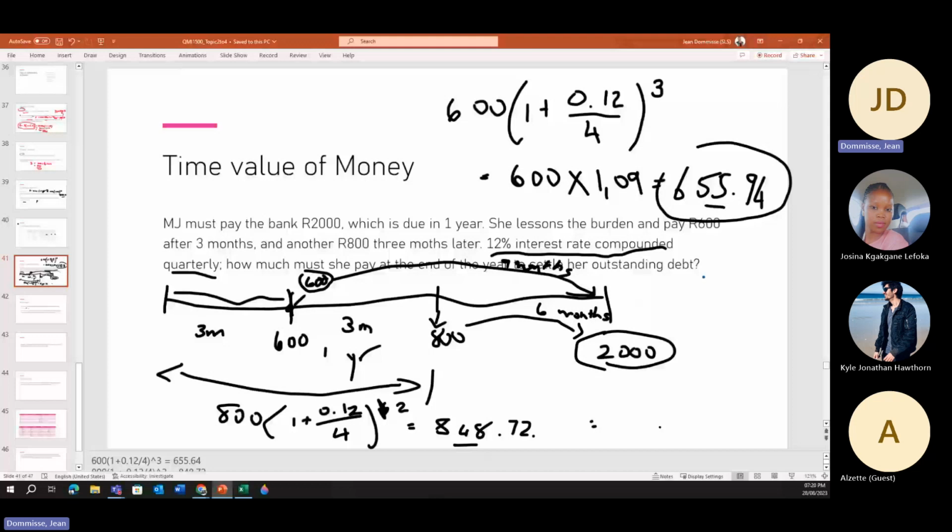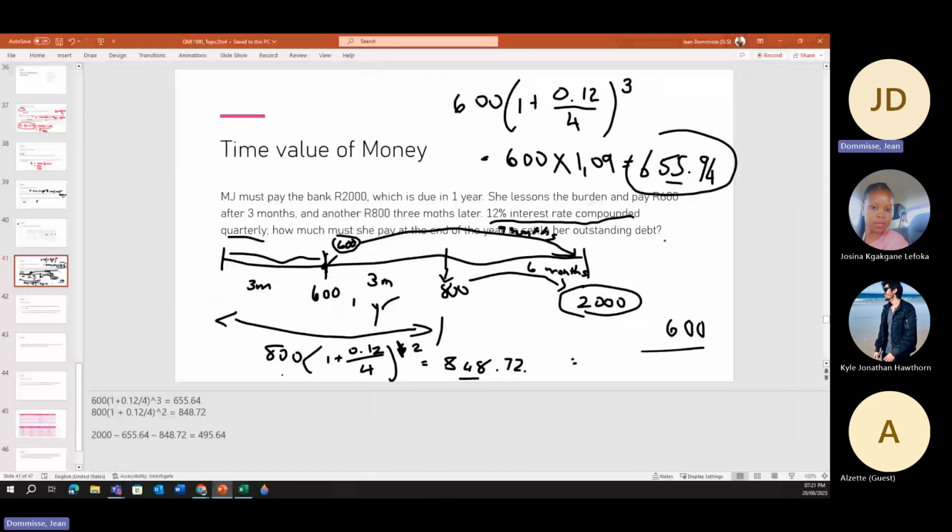Else we would have just said, what is the 2000 minus 600 minus 800, which would have been 600. Now we're saying, well, because she paid it earlier, she is, in a sense, in this instance, getting a discount.